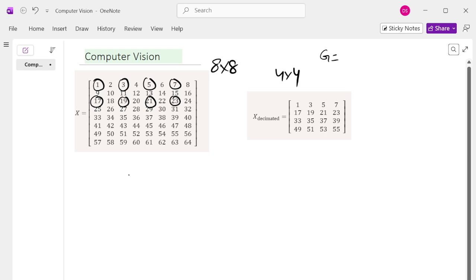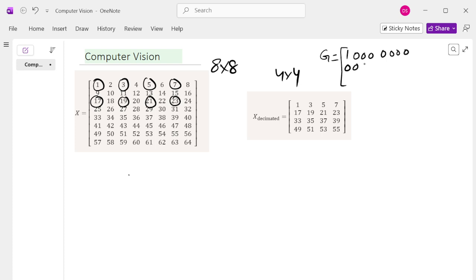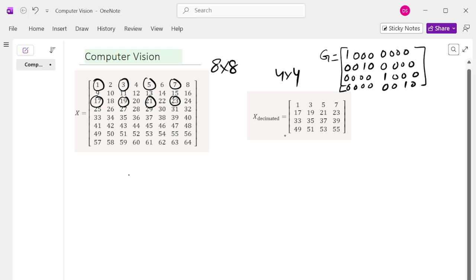So the form of this g would be 1 0 0 0 0 0 0 0 and then 0 0 1 0 0 0 0 0, and then the third row would be 4 zeros followed by 1 and then 0, and then finally we would be having 0 0 0 0 0 1 0.